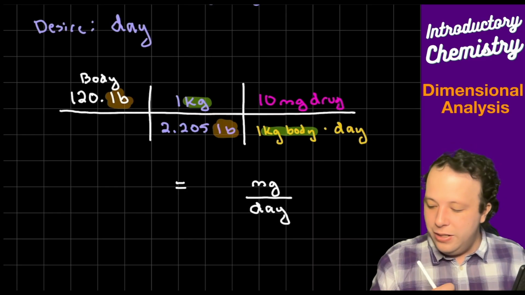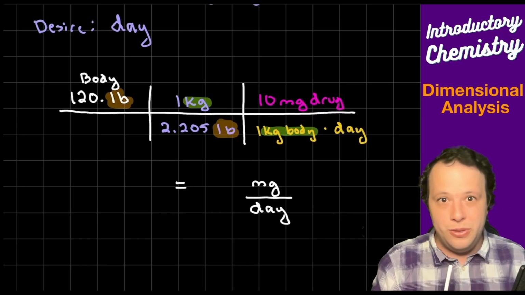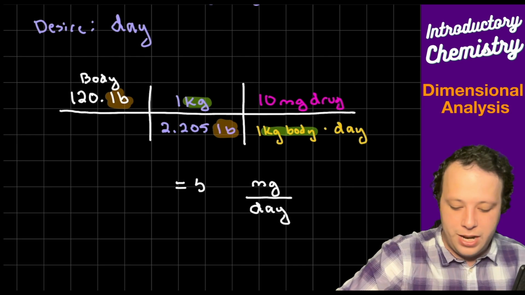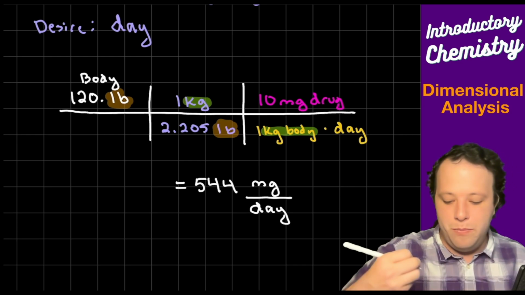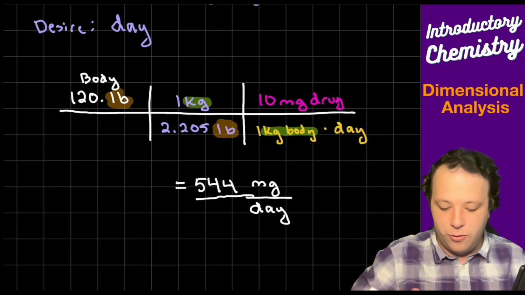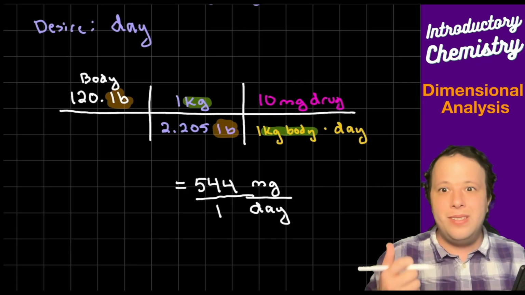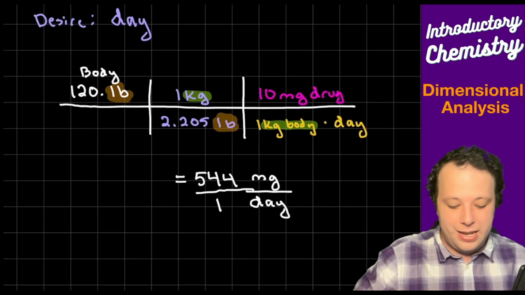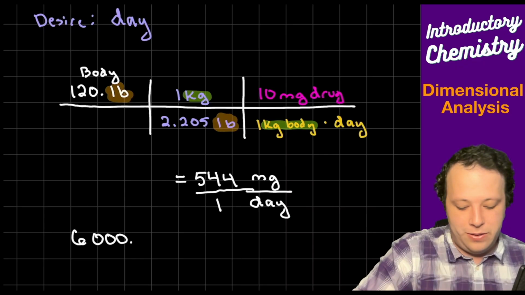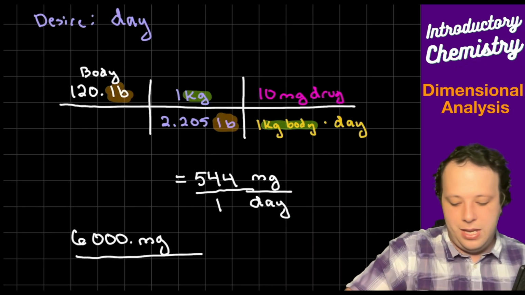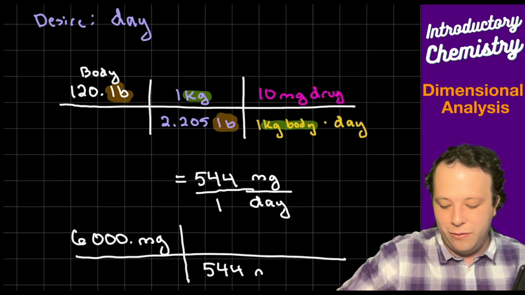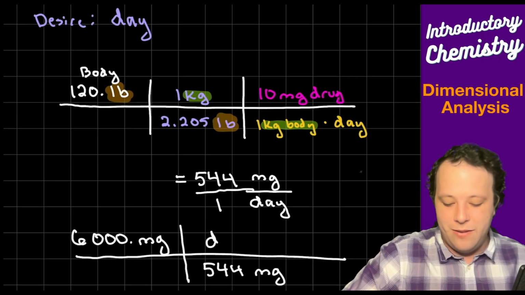So what we need to do is 120 divided by 2.205 times 10, and what we will get is 544 milligrams per day is what our patient needs to take. Great. Now one last step: we have a 6,000 milligram bottle, and we will convert that using this dosage, the 544 milligrams for every day.